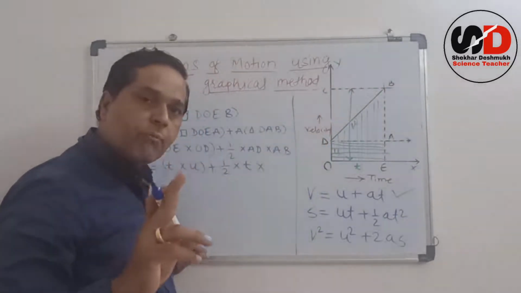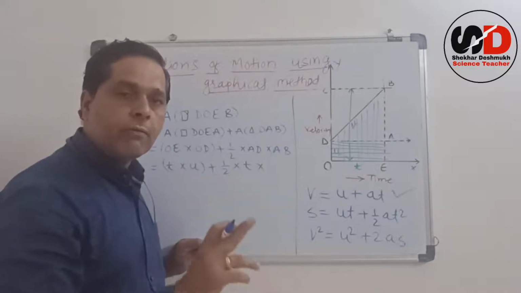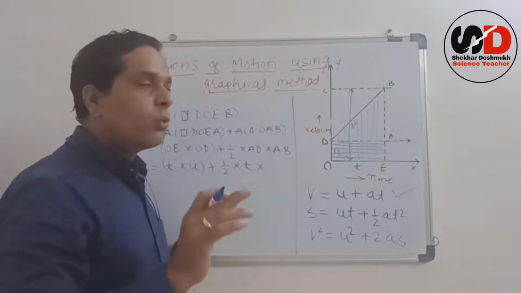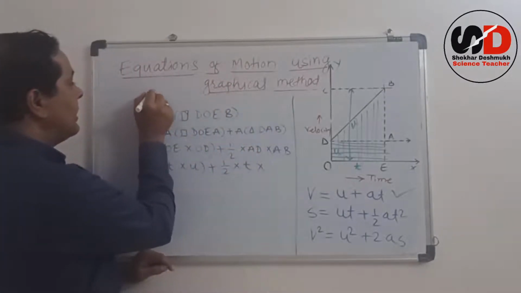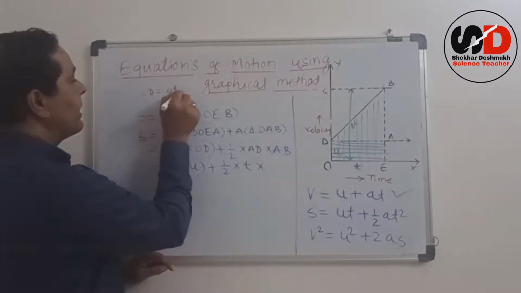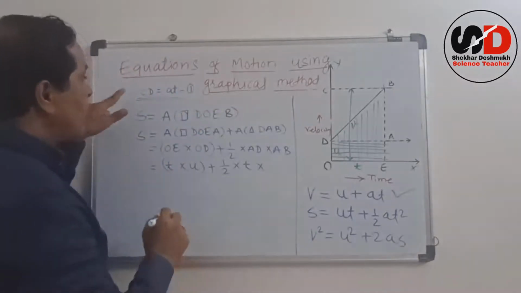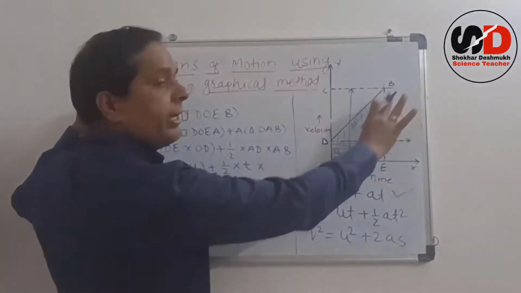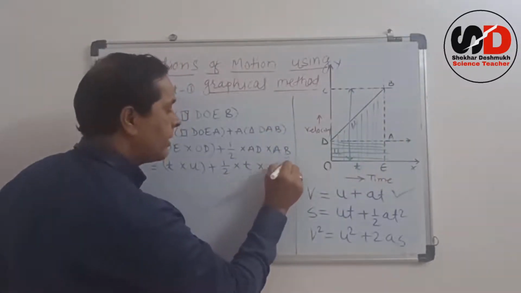And from equation number 1, what is the value of CD? We already calculated it. CD is equal to 80, that is our equation number 1. And this CD is nothing but AB. So write down here into 80.